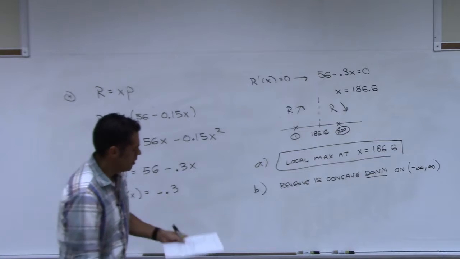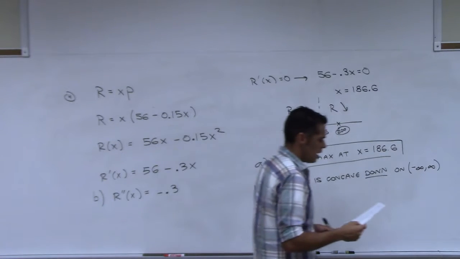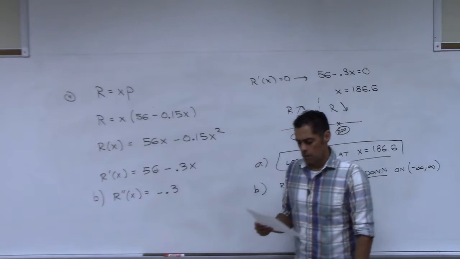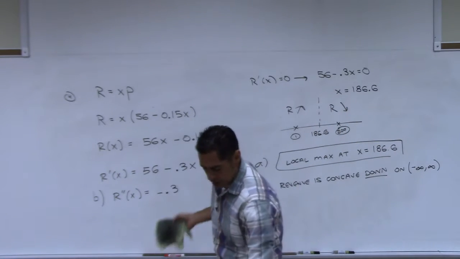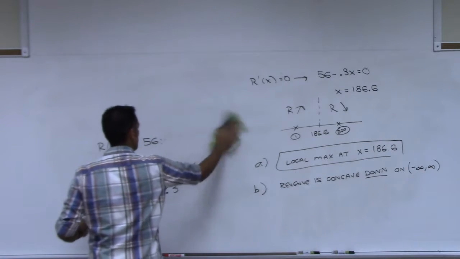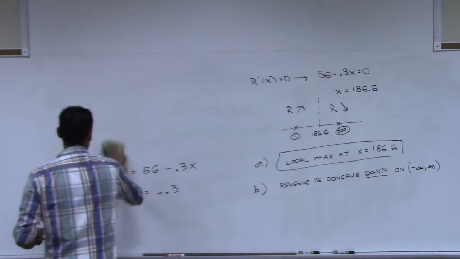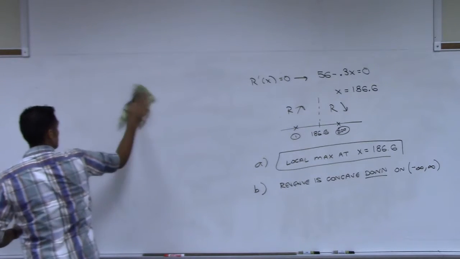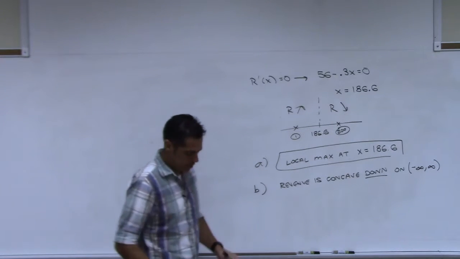What about number 3? I think we can work 3 pretty quick, can't we? Let's see if we can work 3 quickly. All 3 is asking for is where it's concave up and down, right? Well, and inflection points.